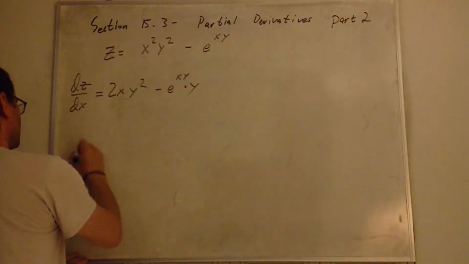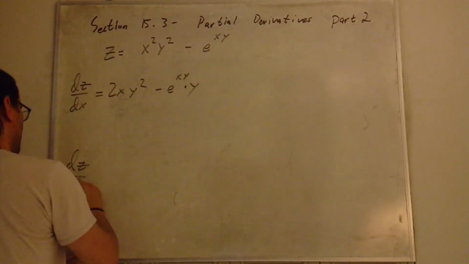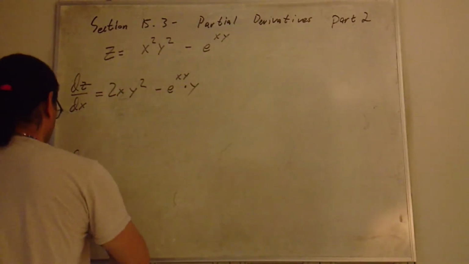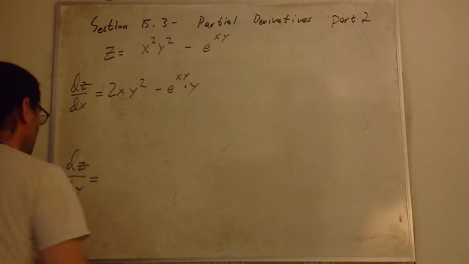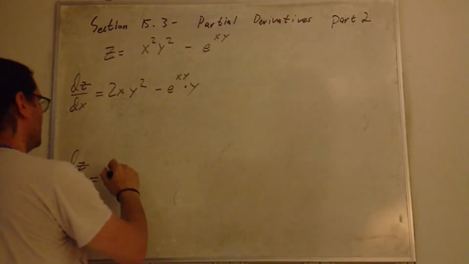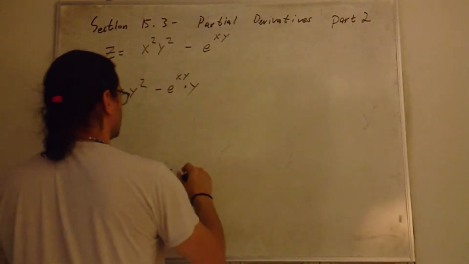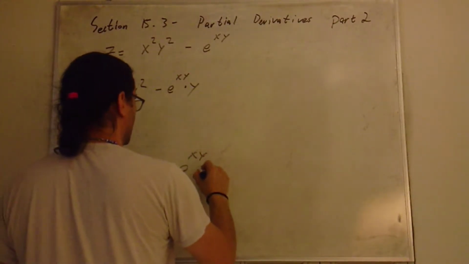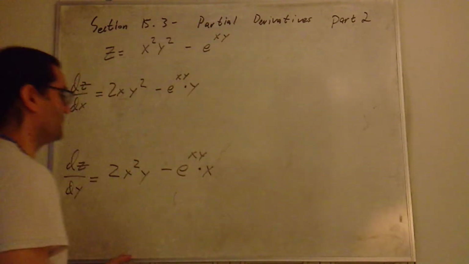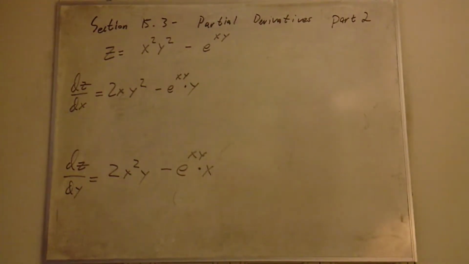And the partial of z with respect to y this time, I just did x. So the partial with respect to y should be 2x squared y minus e to the xy times x this time. These are my first derivatives, my partial first derivatives, derivative with respect to x, derivative with respect to y.